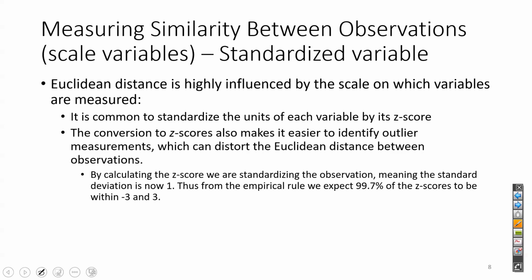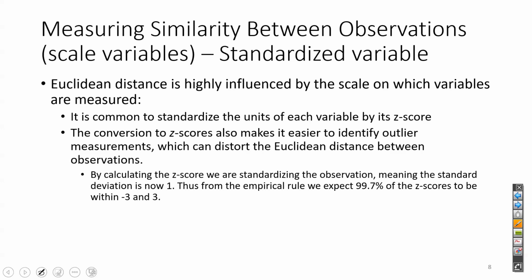The maximum age is 100, so the range is only 100. But when we are talking about income, the minimum income can be as low as 20,000. The maximum income can be a couple of millions, for example. So when you are trying to measure the distance, you can imagine the result will be mainly affected by the income rather than the age, because the two scales are very, very different.